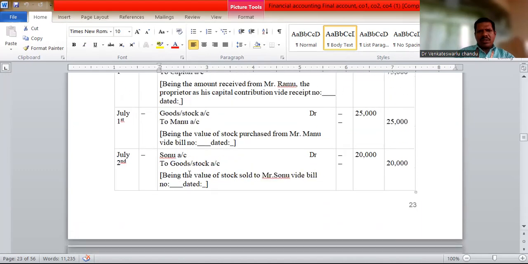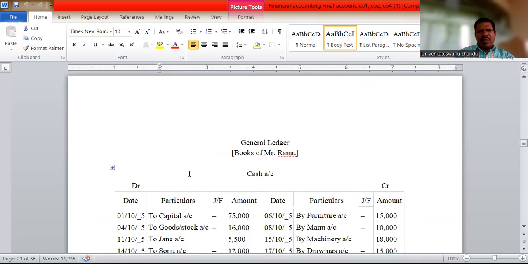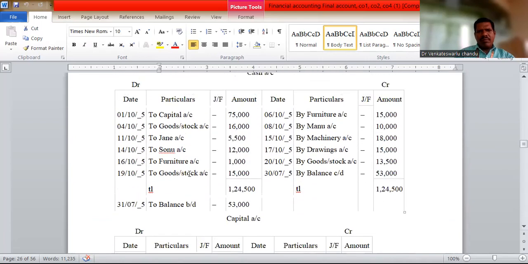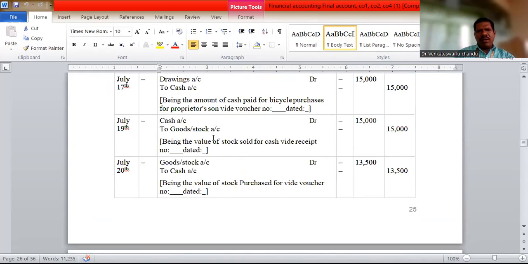Now we have to open the cash account. Here in the cash account, the first value is 1st July, to capital account 75,000.